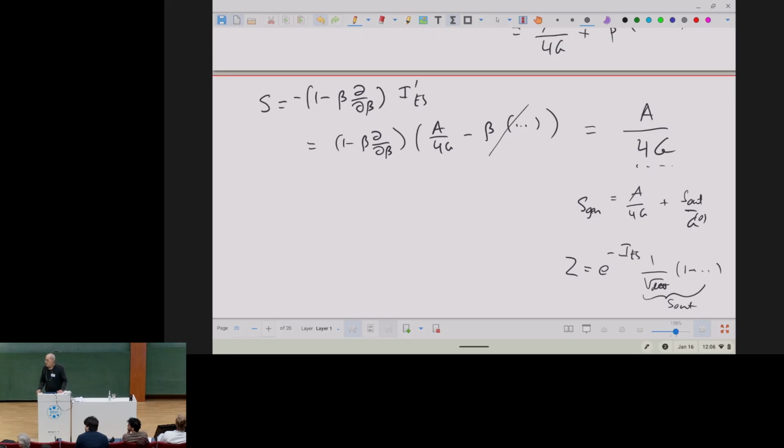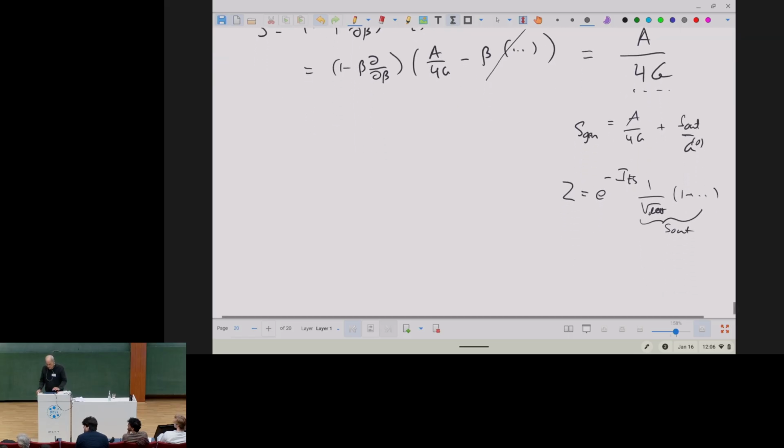Maybe related to this, there was one question on Zoom, whether you can say a few more words about the determinant calculation and why it gives the thermal gas. Well, the fact that the determinant gives a thermal gas at infinity is something that one will learn when one studies quantum statistical mechanics, even at the beginning practically. The determinant gives the partition function, and the partition function of what?